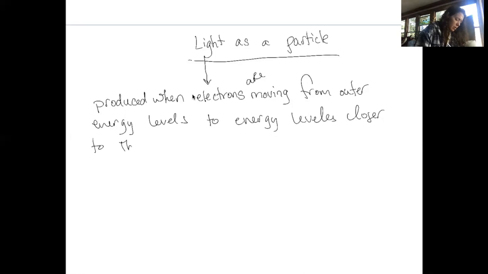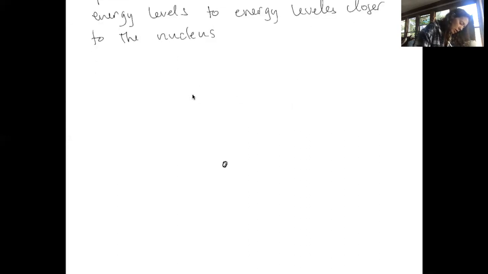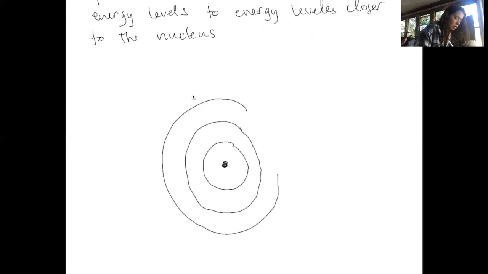Well, without trying to make this too confusing, here's our nucleus. We'll imagine this is our first energy level. This is our second. This is our third. It's almost like a ladder, right?